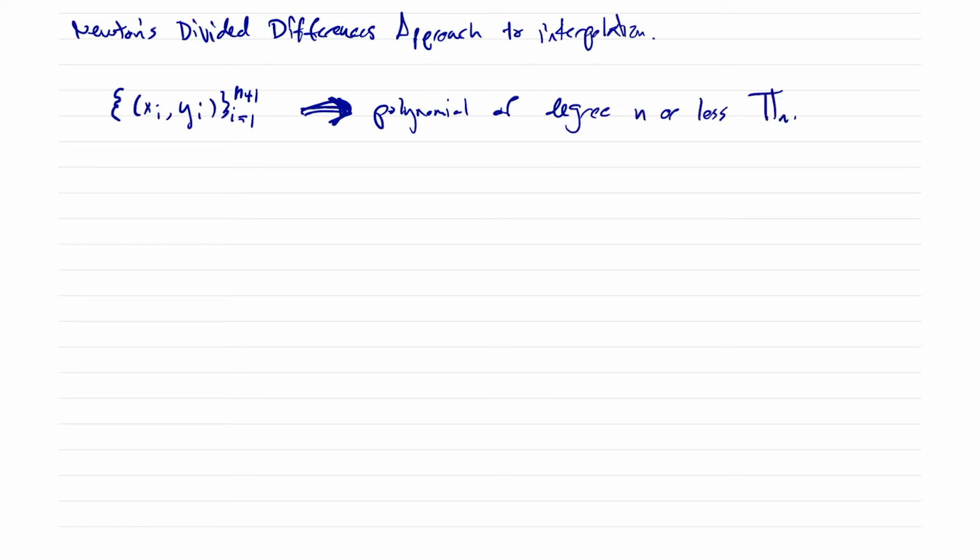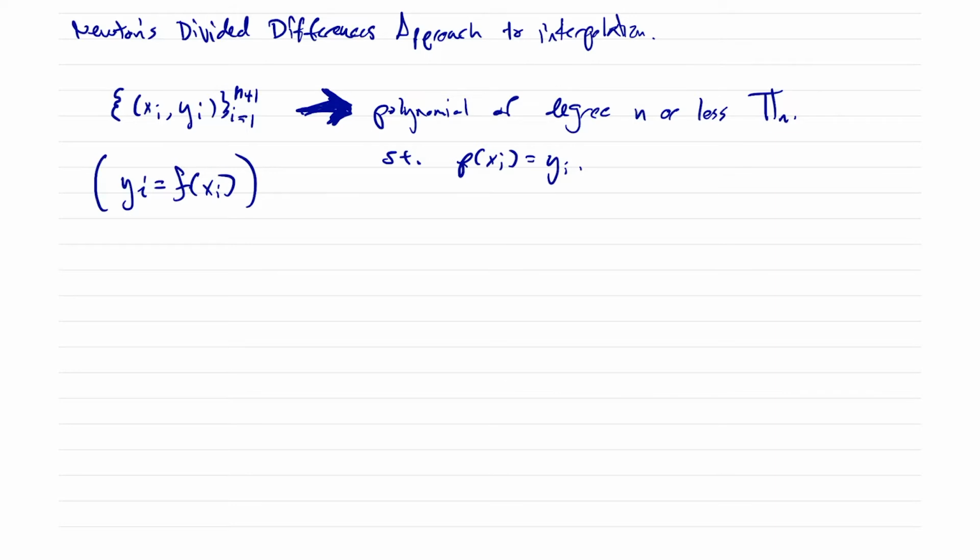We're looking for a polynomial that interpolates these points, such that p(x_i) is equal to y_i, right? Presumably y_i is coming from some sort of function f of x_i.